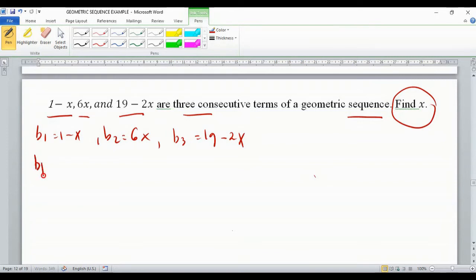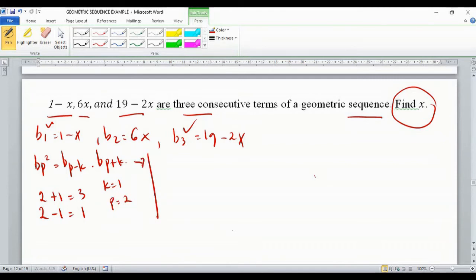Remember, b_p squared equals b_{p-k} times b_{p+k}. We have 2; if we add 2 plus 1, it equals 3, and 2 minus 1 equals 1. So k is 1 and p is 2, everyone.